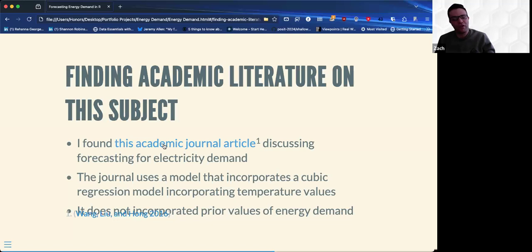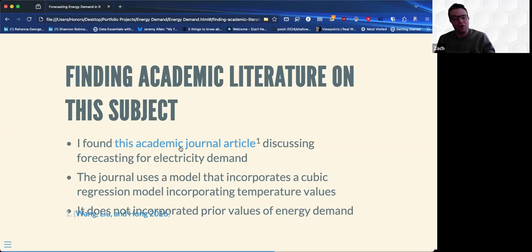And I was very interested in just what people who actually work in this industry do. And so I found this academic journal article that discusses forecasting techniques for electricity demands. And I'll discuss the model it suggests later. And it's interesting in that it's very different from any of the other models I had been using.